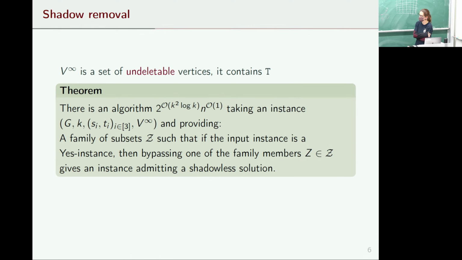And also, I was wondering, I've never seen this irrelevant vertex technique being used for anything other than tree width or branch width. Is this the first instance that you know of? It's the first I know of, but I'm also working with tree width a lot. I wouldn't be surprised if some people have used something like this for irrelevant vertices before.